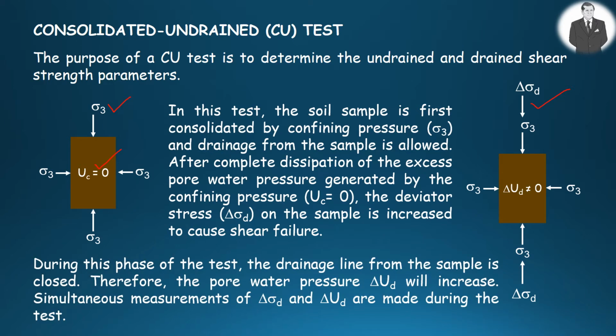During this stage of the test, the drainage line from the sample is closed. Therefore, the pore water pressure will increase. Concurrent measurements of deviator stress and the related excess pore water pressure are made during the test.